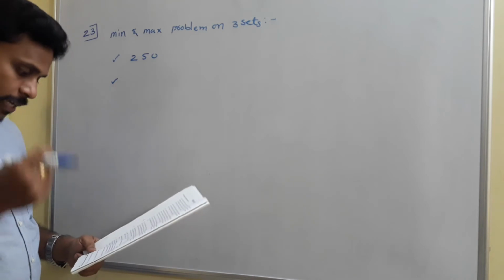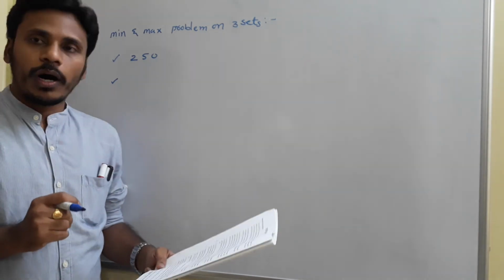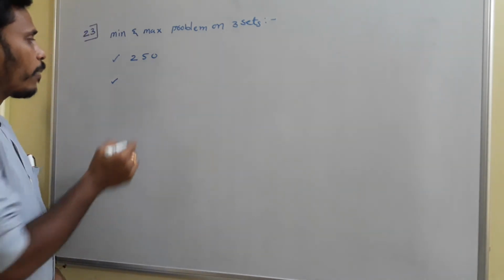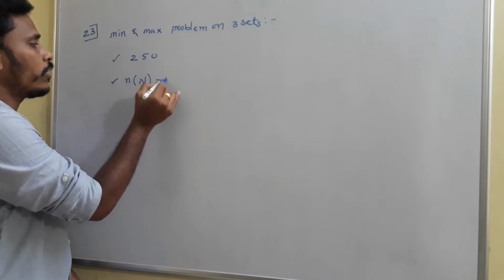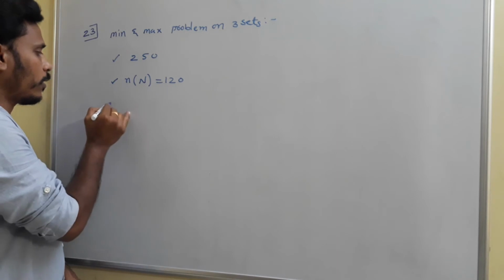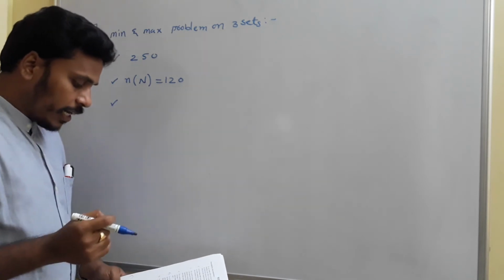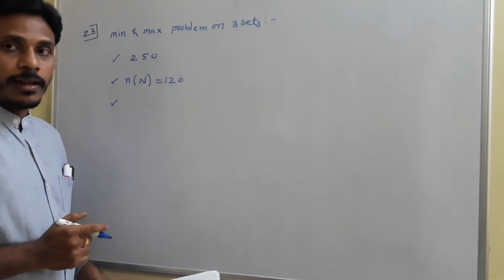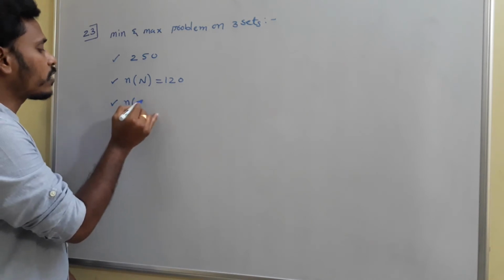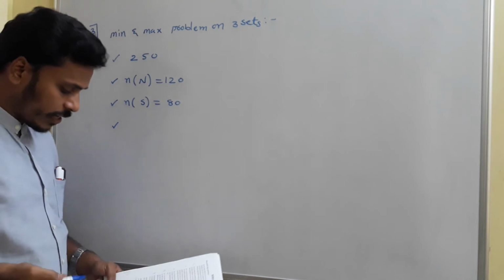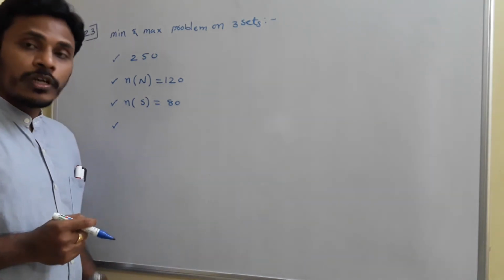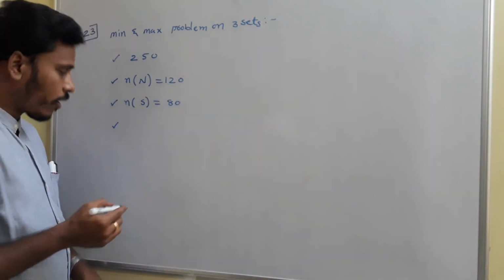Okay, and next, 120 students watch news channels. The number of students who are watching news channels is 120. So n of N, I took it as 120. Then next one, 80 students watch sports channel. The number of students who are watching sports channel is 80, right? And the number of students who are watching music channels is 90.